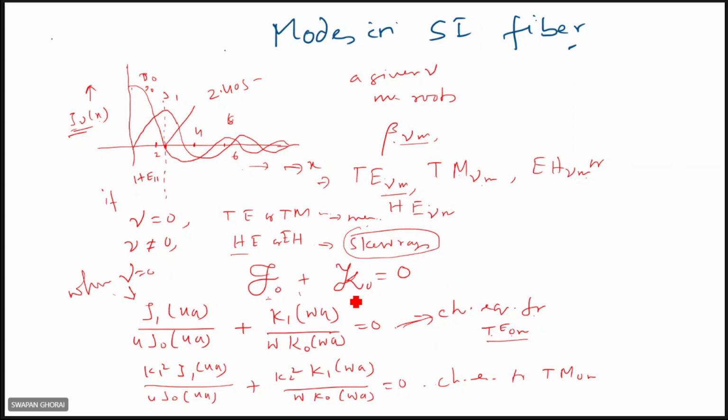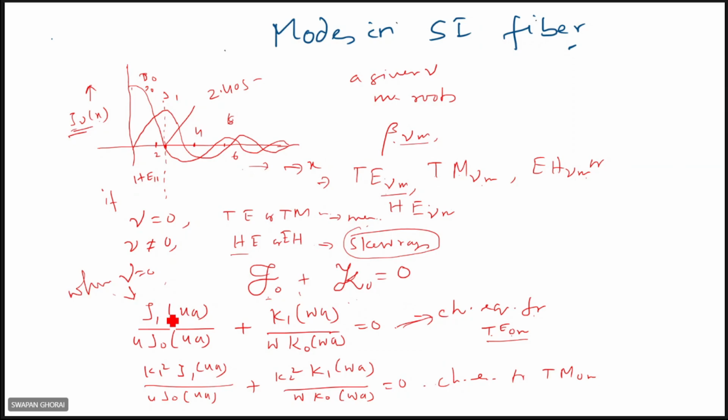Similarly, for TE modes, Ez equals 0. This time nu equals 0 as well as Ez equals 0.